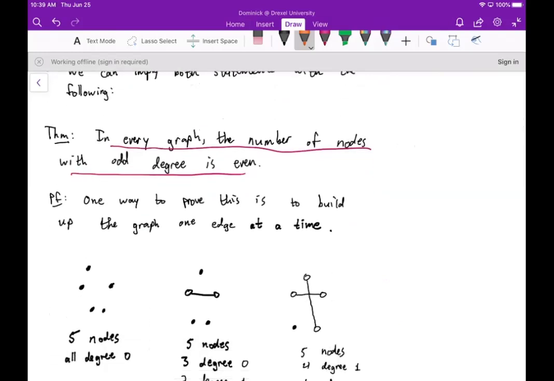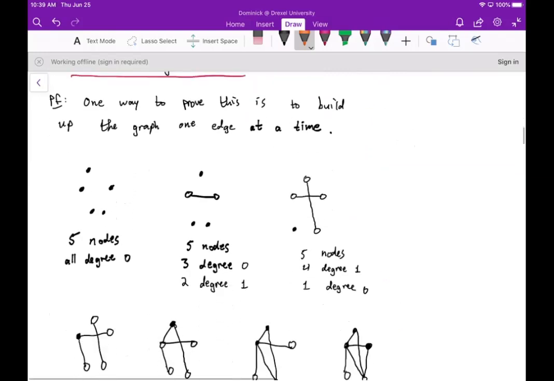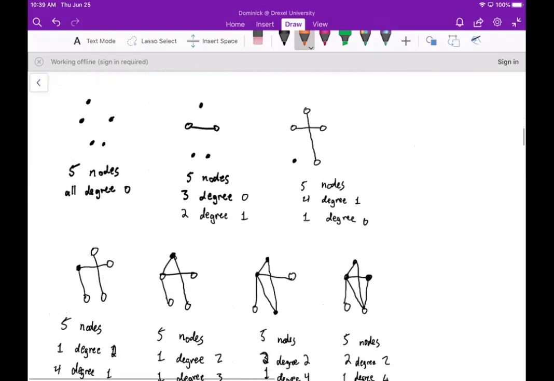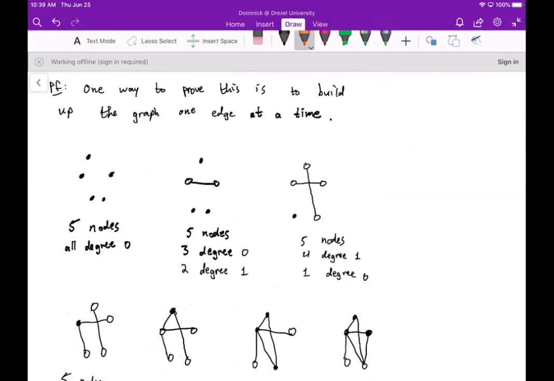And now one way we can check it is we're going to build up a graph one edge at a time for an odd set of nodes, right? So we're going to look at 5 nodes. Now, if we have 0 edges, they're all degree 0, right? So that's this graph right here. Now, if we add a single edge, we're now going to have 3 that are degree 0 and 2 that are degree 1, right?